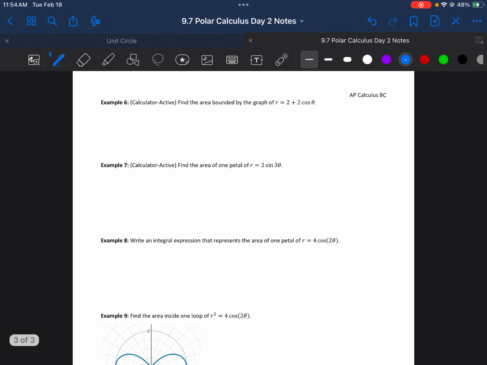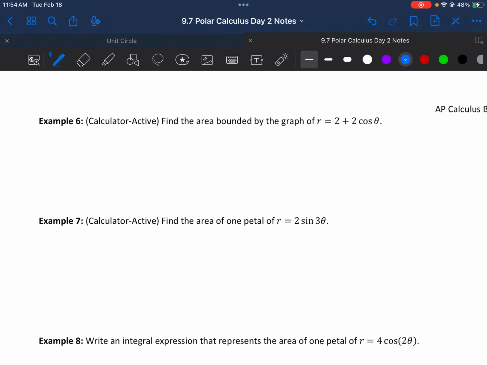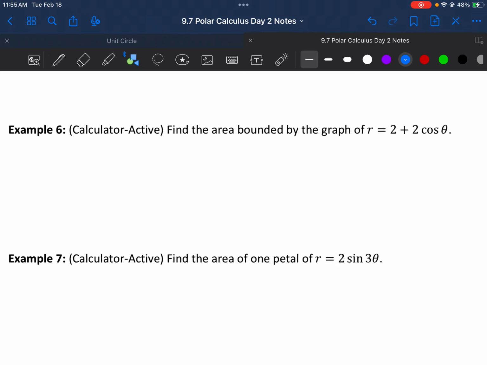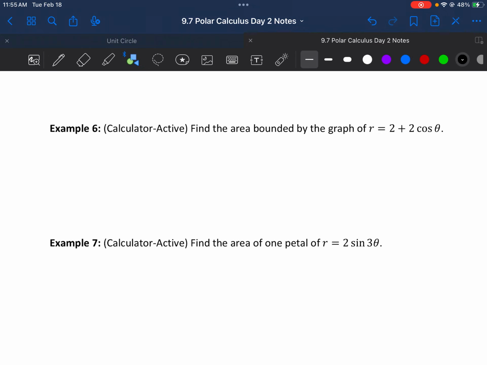All right. Let's do some that are a little bit more interesting, though. Example 6, calculator active. Find the area bounded by the graph of r equals 2 plus 2 cosine of theta. I cannot leave the screen to go to a different calculator, or it'll stop recording, unfortunately. So let's do a little makeshift picture.